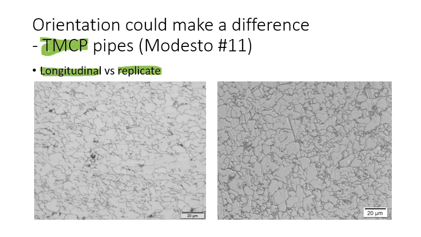Again, we see some of these elongated grains in the longitudinal direction, and here we don't see very much second phase. But when we look at the replica microstructure, we see that a lot of the grains actually look larger on the surface, and then they seem to be dotted with very fine grains.